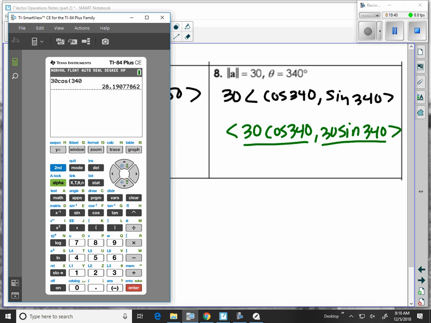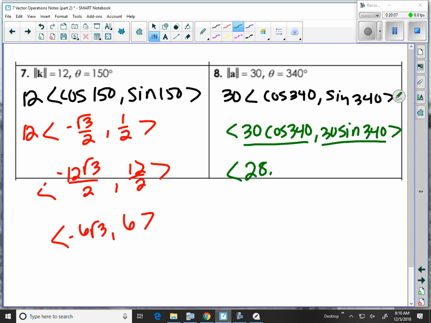So we'll say 28.2 for our cosine, and negative 10.3 for our sine. Now it's not as nice to look at when we have decimals, but that's going to happen. Not everything's going to be on the unit circle. So that would be our component form. Not as nice, but that's okay.